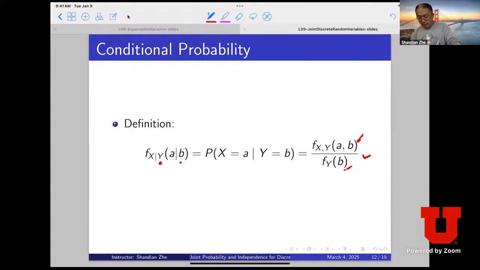It is often written in this form, which might be more intuitive to read. It represents the probability that X equals A given Y equals B. That is the probability that, given that the event Y equals B happens, the event X equals A happens. So this is the definition of the conditional probability. Any question?